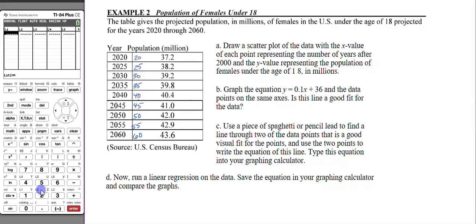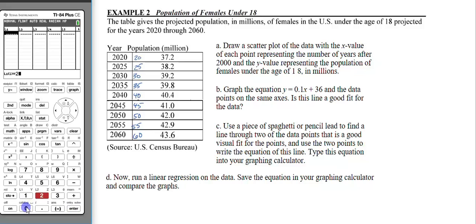So we can enter that into our calculator here. Just double check to make sure that you didn't type anything incorrectly. And then they've already scaled the outputs to be in millions, so we're going to put that raw data in.